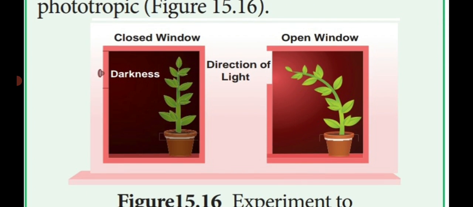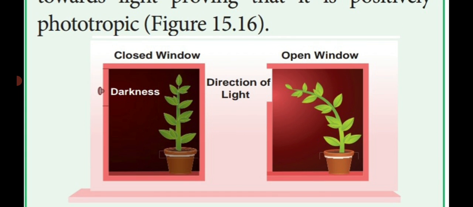See the diagram. This is the first one. We are taking the potted plant and placing it under a box which contains a small window. Now we close the window and place it in the dark room. What will happen? The plant shows growth movement in a straight line, or normal growth.